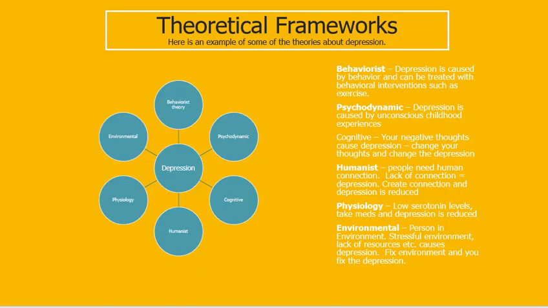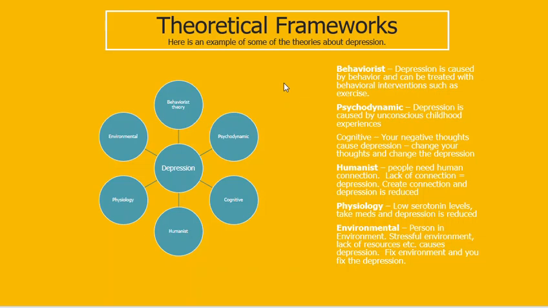Here's an example of some of the theories about depression and how the different theories would cause you to have a different study and how you would look at the study in different ways. So if I was a behaviorist and I wanted to explore depression, I would look at depression as being caused by behavior.